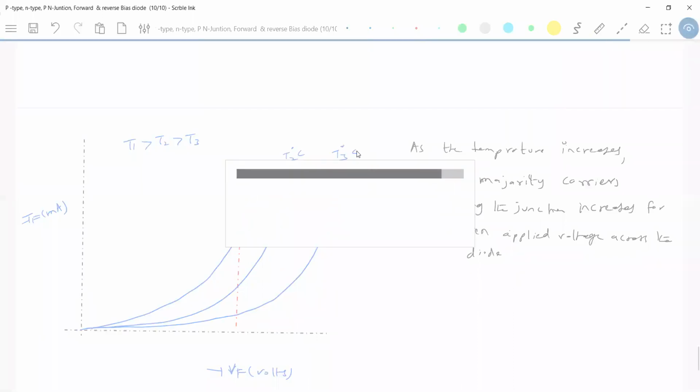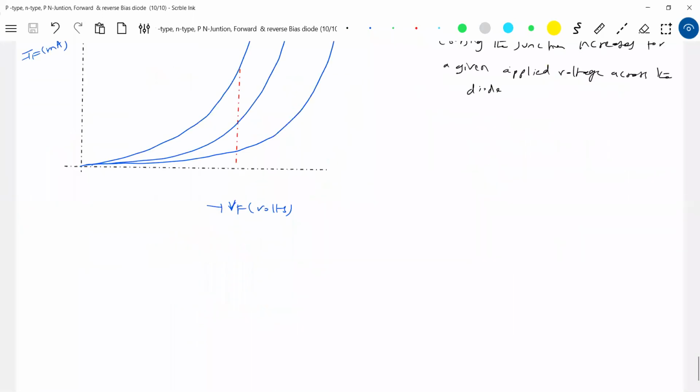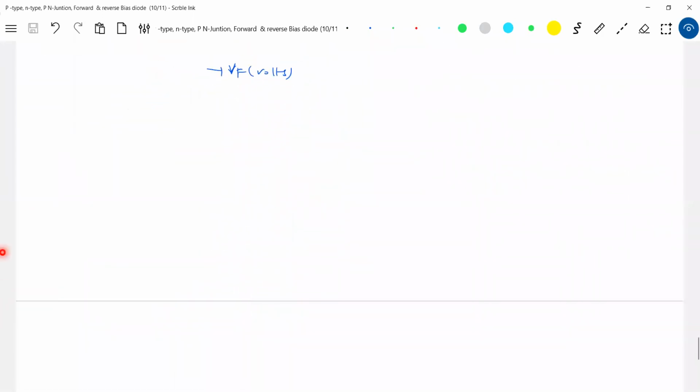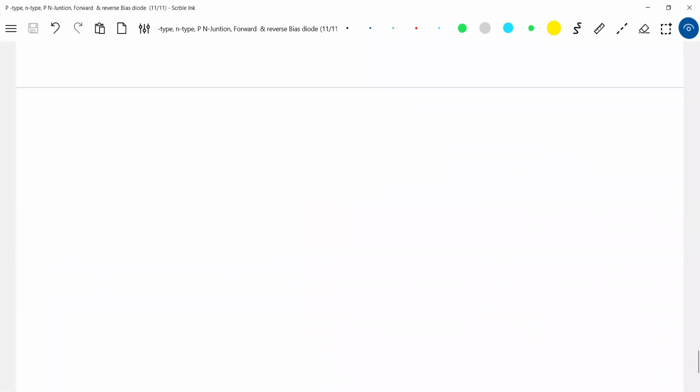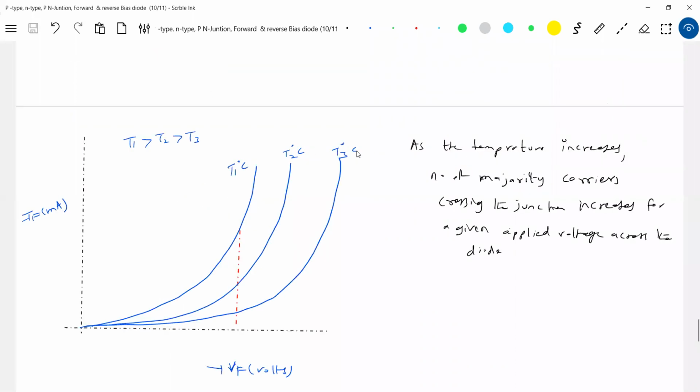Now we'll go for the reverse bias. I'll give the reason also.